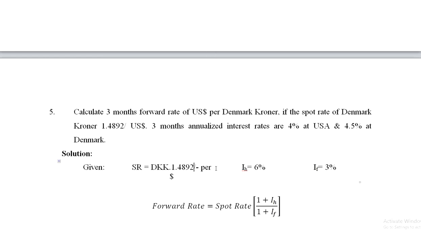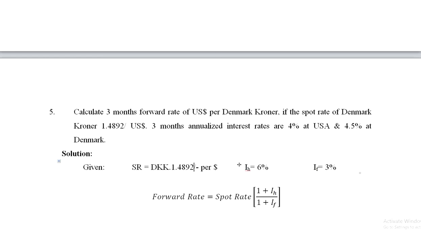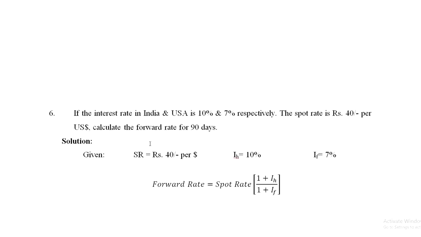And the rate of interest is 4.5% in Denmark, that is the home country, and here you are going to get 4% in USA. So that is the rate of interest. By taking this information, I want you to calculate the exchange rate for 3 months. Be very careful, it is for 3 months. So let us move further.